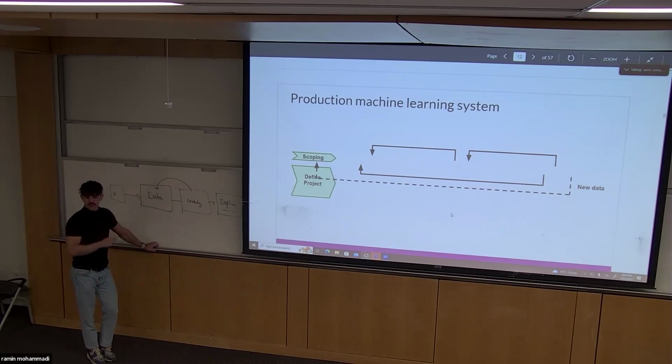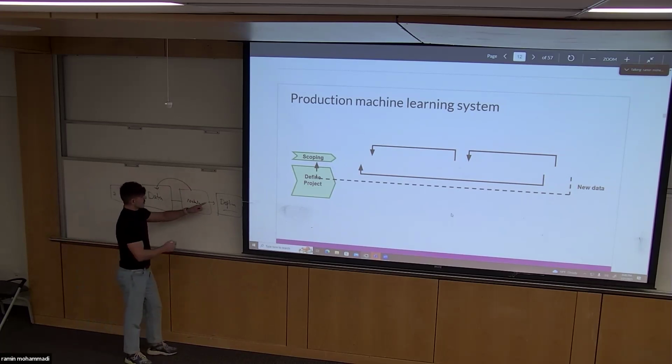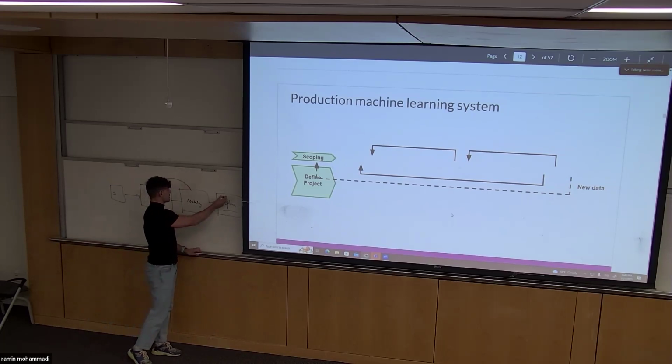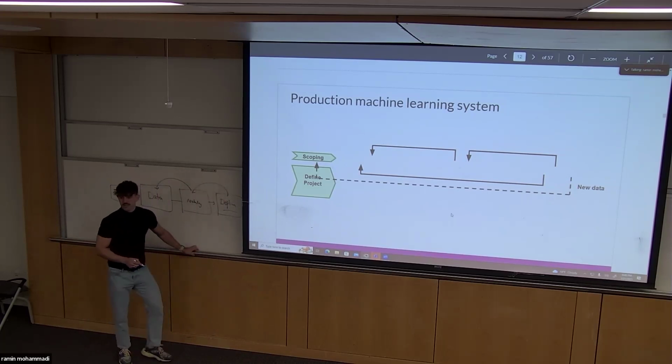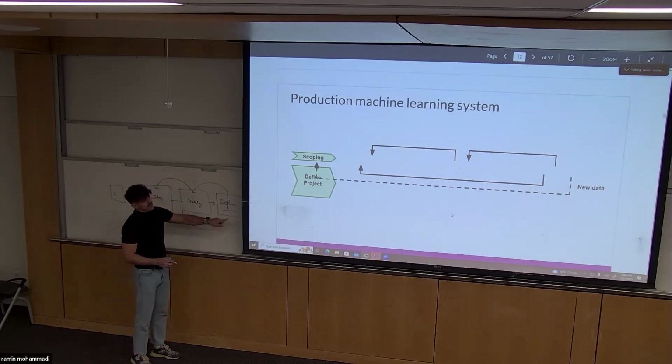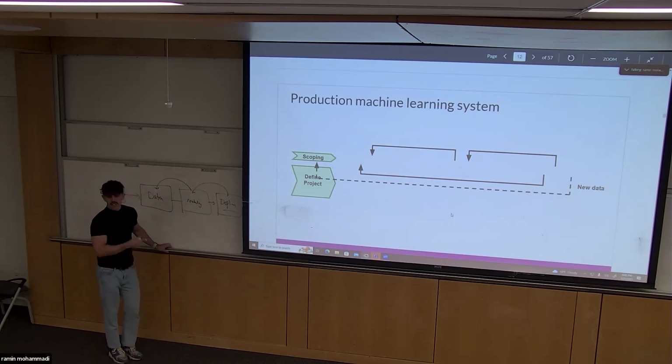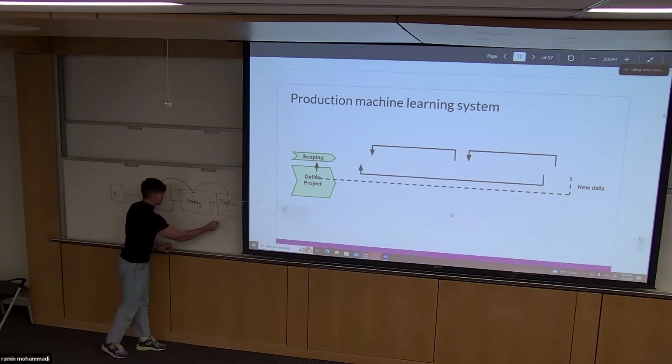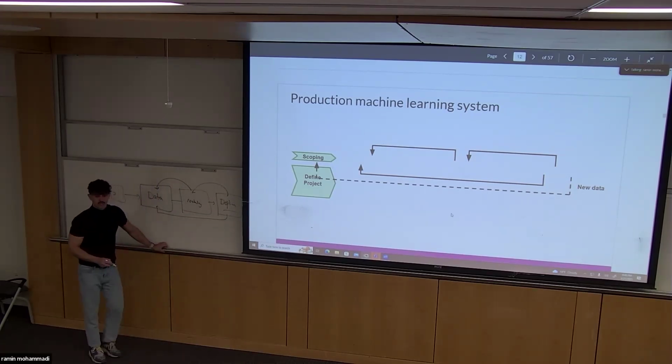When you develop a model, you might say, this model doesn't land, maybe I need to improve my data, so you go back and fix your data. You could be on deployment and figure out there is something wrong with your model and go back and fix it. Or you could figure out you need to change something about your data and go back there.